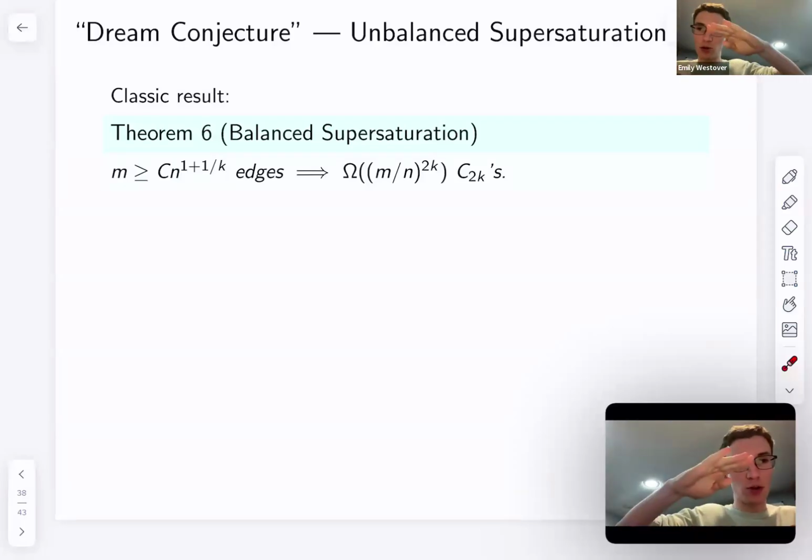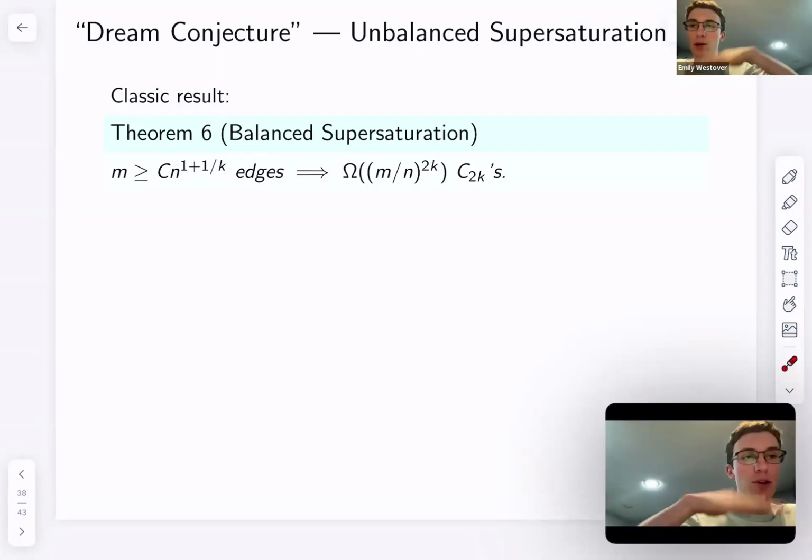We have some threshold where below it you might not have any 6 cycles, but once you get above it, you start getting a ton of 6 cycles. There's a classic result that says just that: if you have more than the critical threshold number of edges, then the number of 6 cycles scales like this number, where you should think of this number as the number of 6 cycles or C2Ks you would have in a random graph with that edge density.